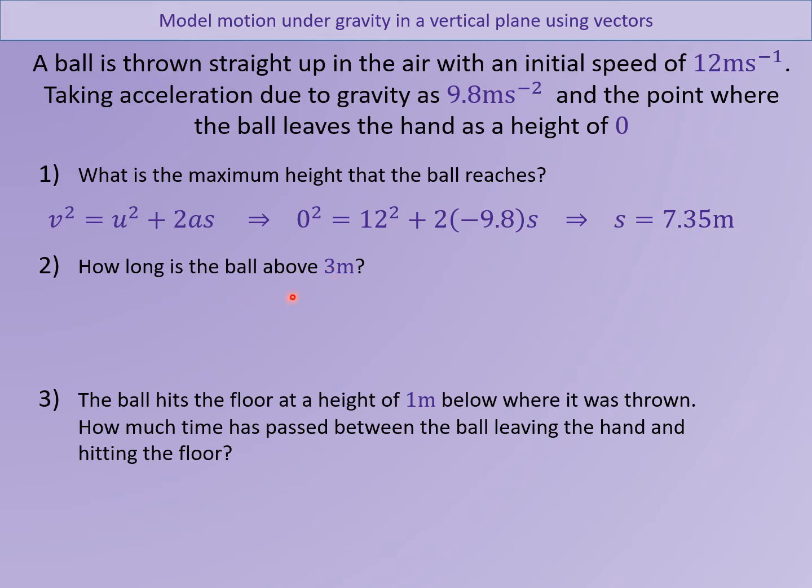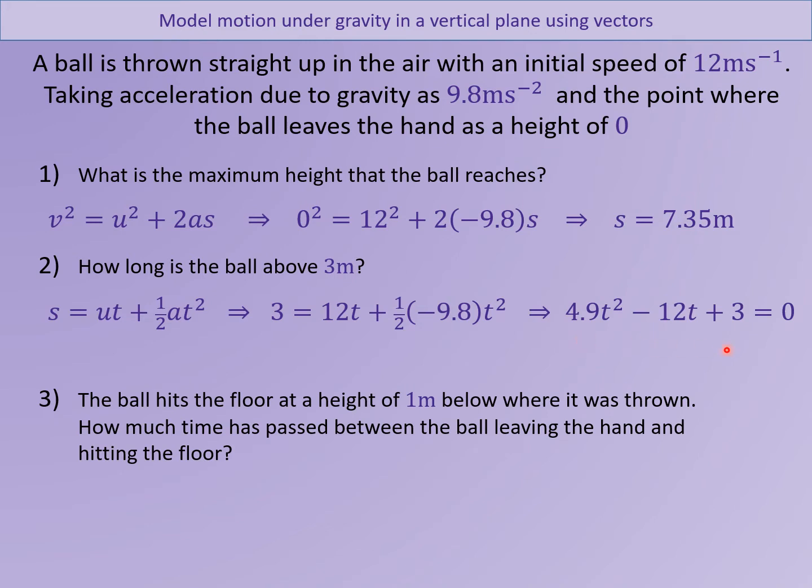Because we've got the initial velocity, we can use s equals ut plus a half at squared. We can put the information in: s is 3, u is 12, and acceleration is 9.8. When we substitute all those in and neaten it up, we end up with a quadratic equation. A quadratic equation is going to give us 2 t values, which makes sense because one of them is when it passes the 3 meter mark on the way up, before reaching 7.35 at the top, and the second is when it passes the 3 meter mark on the way down.